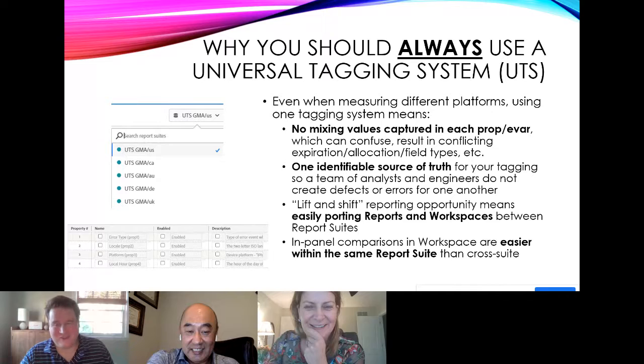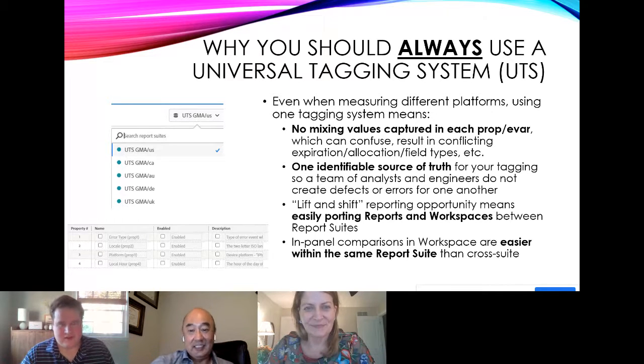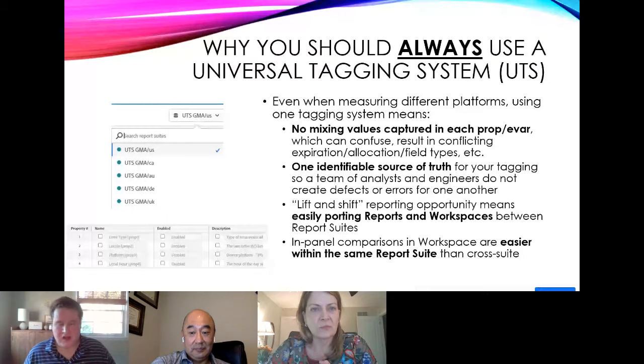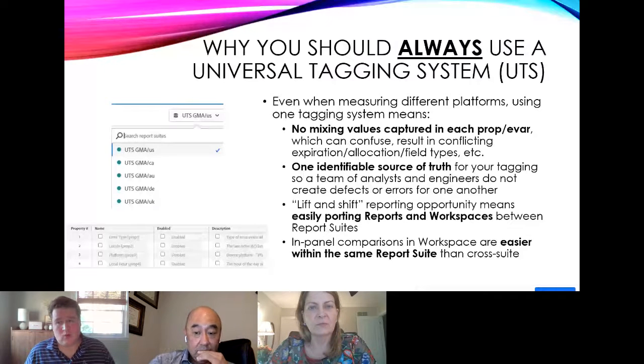Cool. Well, universal tagging system. For us, the biggest thing we've been tasked to do is build a broad enough system to collect everything. That means we're not mixing values captured in a prop or an eVar. If we have something that's only specific to mobile, we keep that either empty or in a way that it's not going to confuse the expiration or the allocation, the field type that's actually stored there.